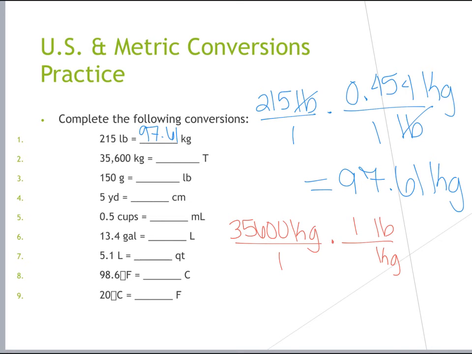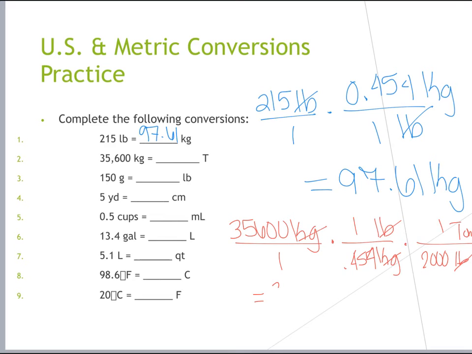So 1 pound is equal to 0.454 kilograms. My kilograms cancel, and then pounds to tons, so there's 2,000 pounds in 1 ton. Pounds cancel, and then you're going to do that multiplication across.